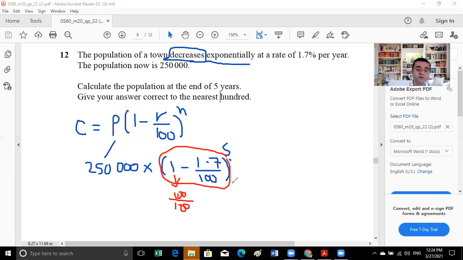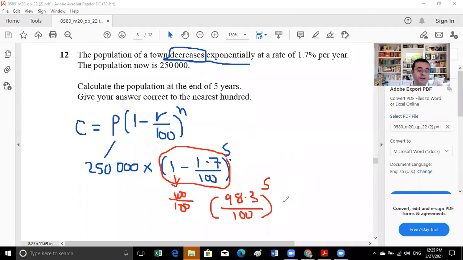What do you get? 98.3. Correct me if I'm wrong. 98.3 over 100 to the power 5. This one makes things easier. So 250,000 times 98.3 over 100 to the power 5.